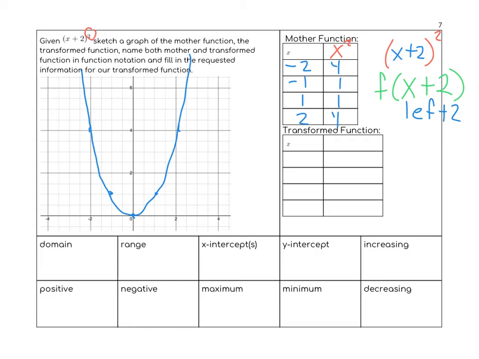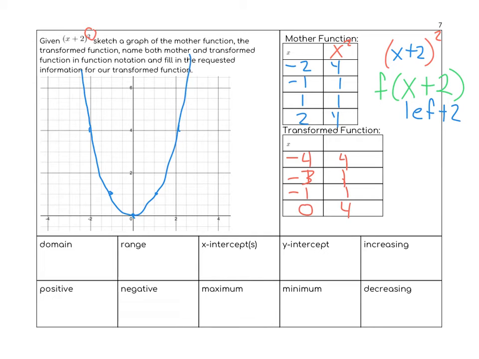So then if we talk about, this means left 2, that -2 would become -4. -1 becomes -3, 1 would become -1, and 2 would become 0. But we're not doing anything to our y value, so those stay the same, 4, 1, 1, and 4.